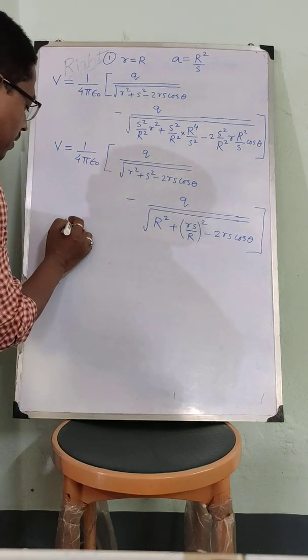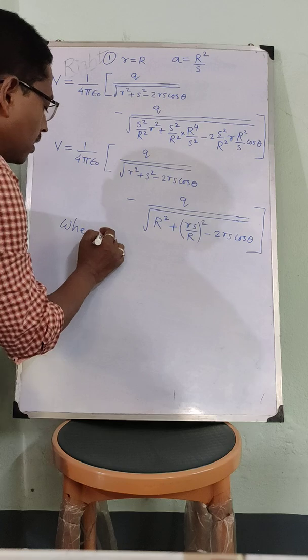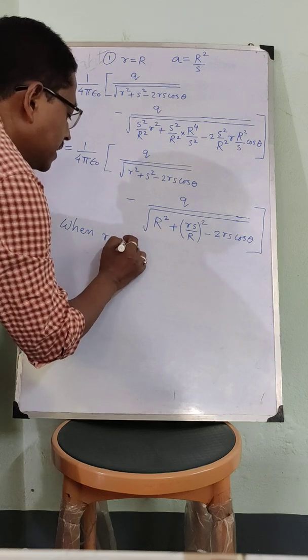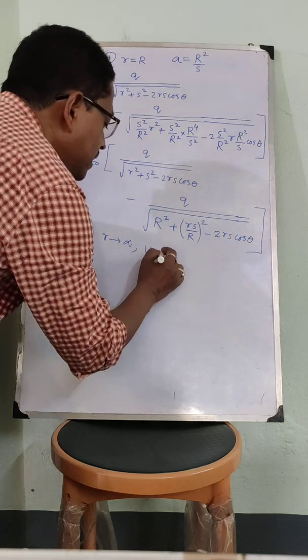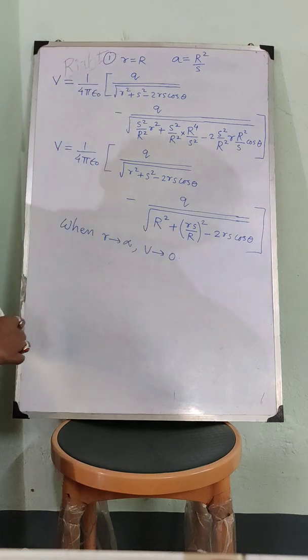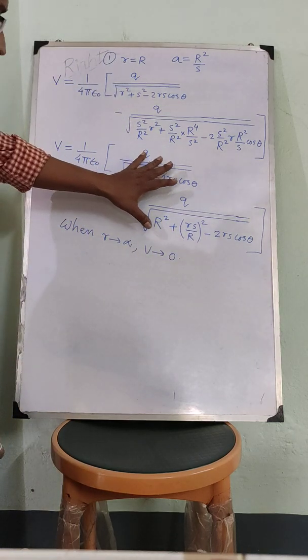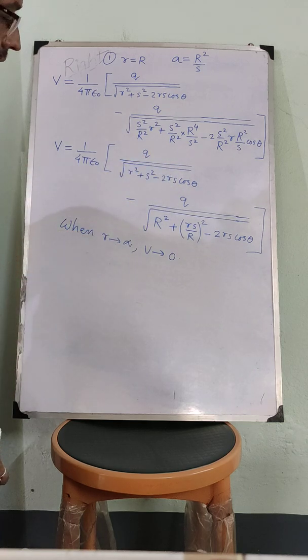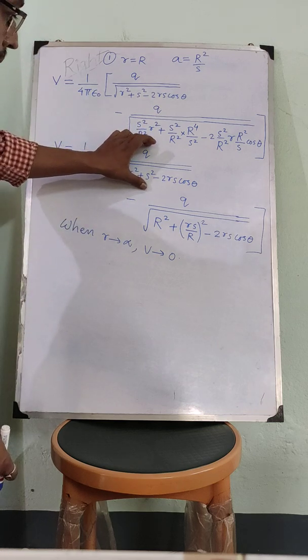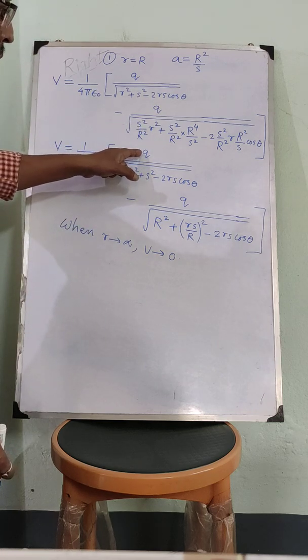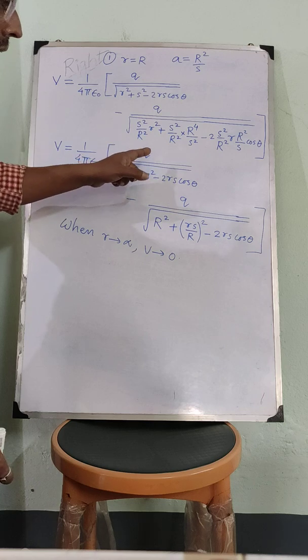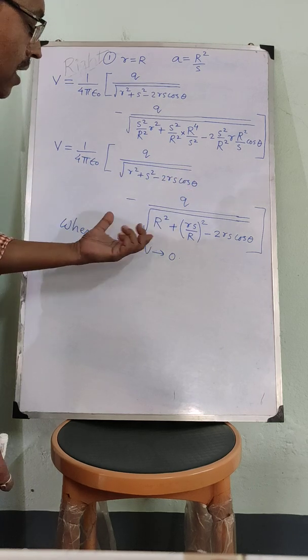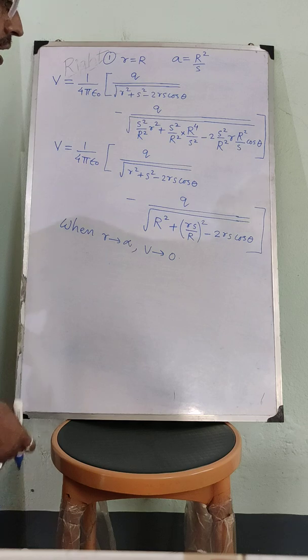So when small r tends to infinity, v tends to 0. So what do we see? We see that this expression of the potential is satisfying our two boundary conditions, and also this term implies that we have a point charge q situated at a distance of small s from the center of the sphere.